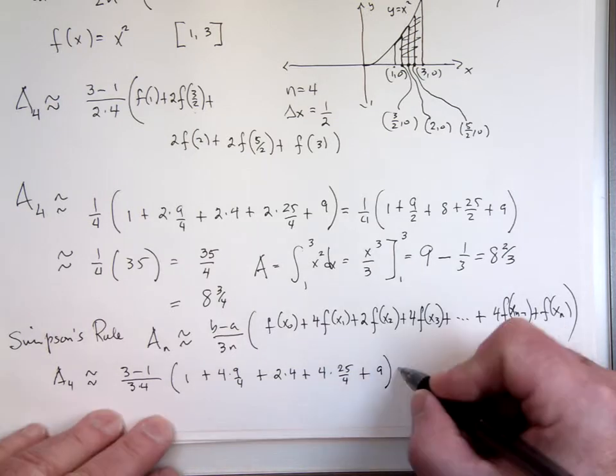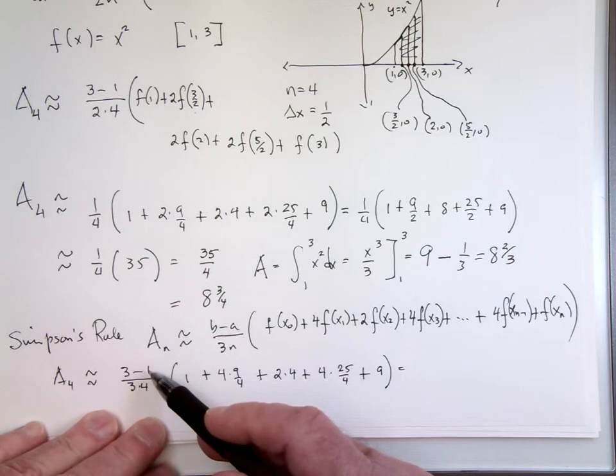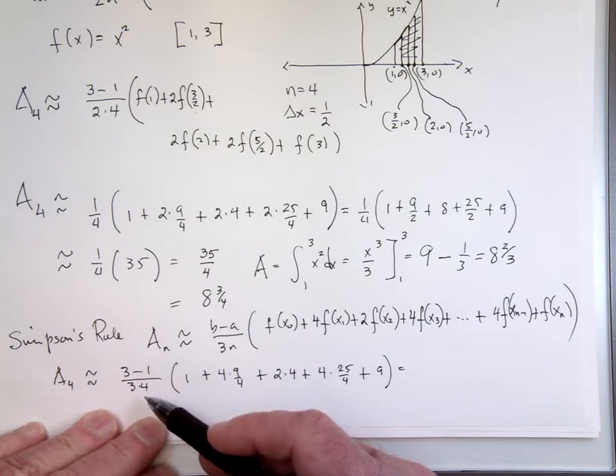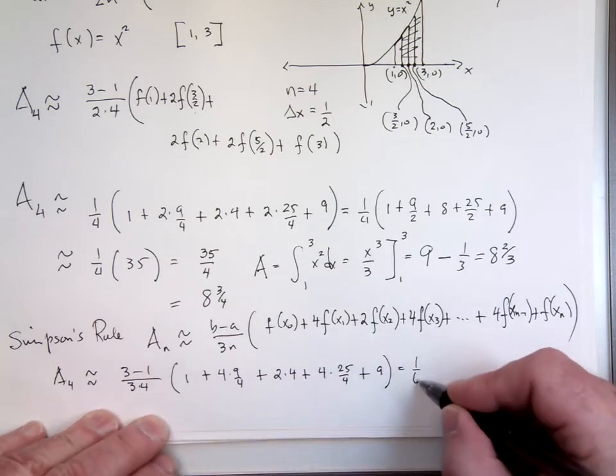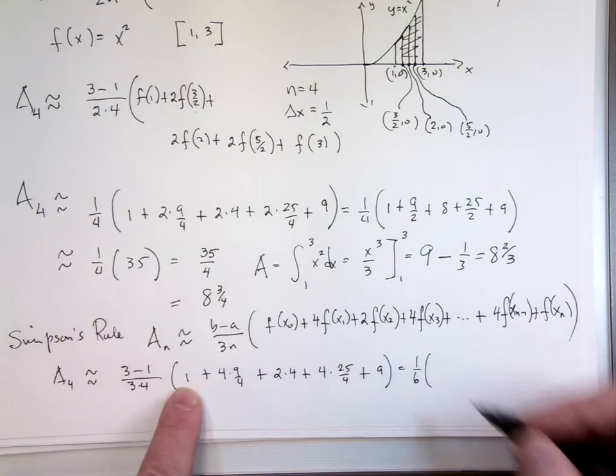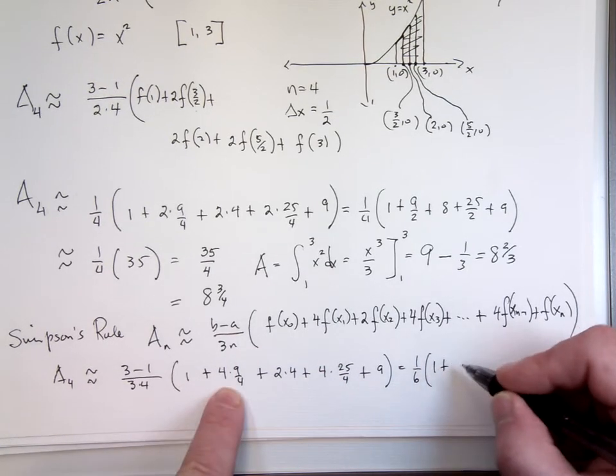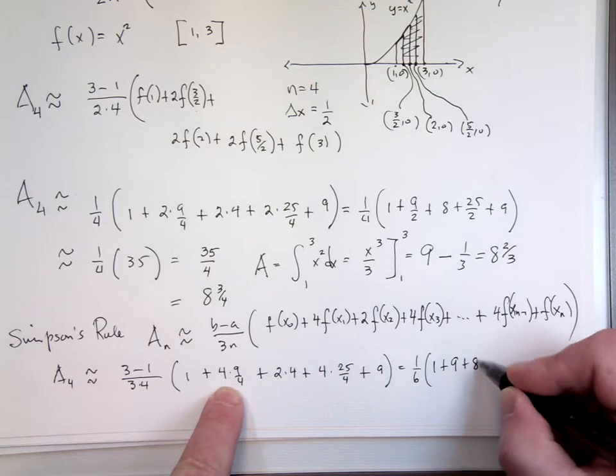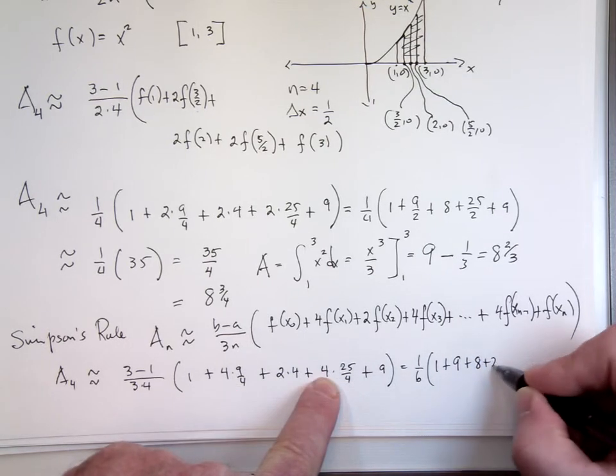So what do we got? 3 minus 1 is 2. 2/4 is 1/2, we get 1/6. We have 1 plus 9 plus 8 plus 25 plus 9.